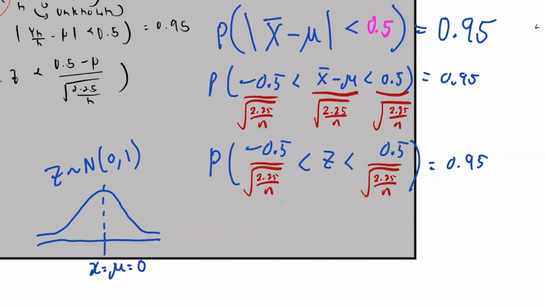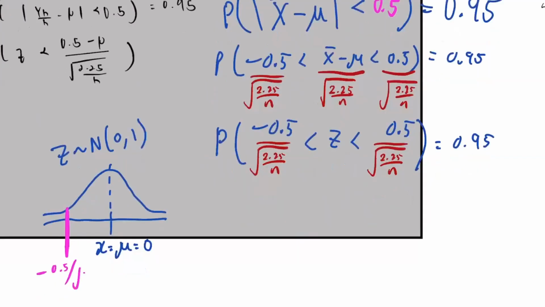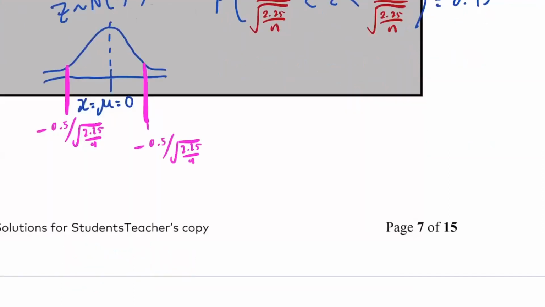And I hope you can tell that they are symmetrical. They have the same absolute value, right? One is negative, one is positive. This value is negative 0.5 over square root of 2.25 over n, and that other value will be the positive version. Does it make sense?